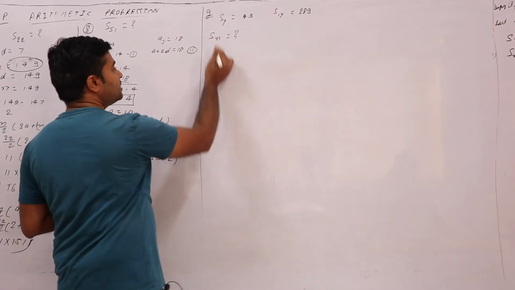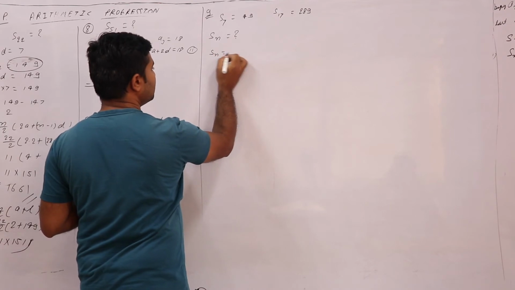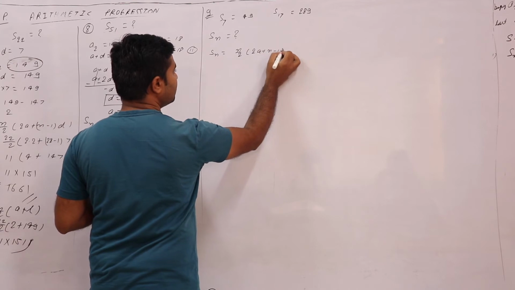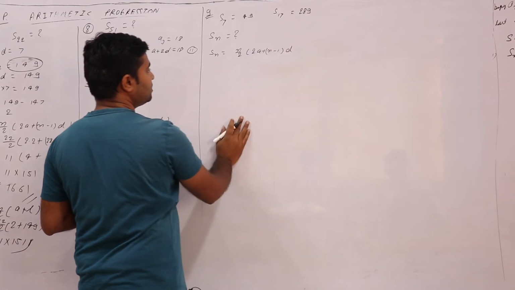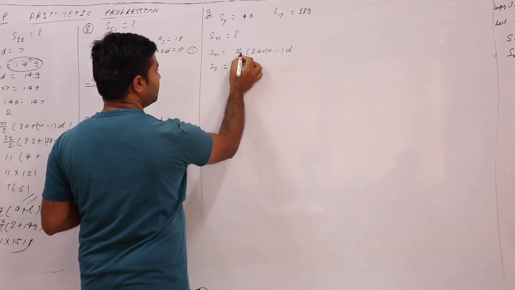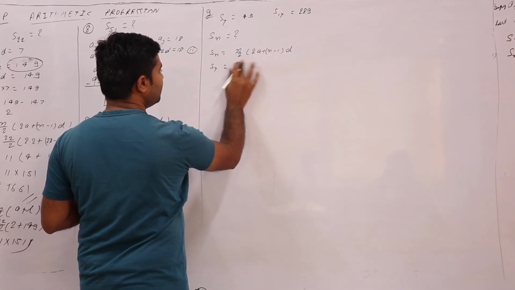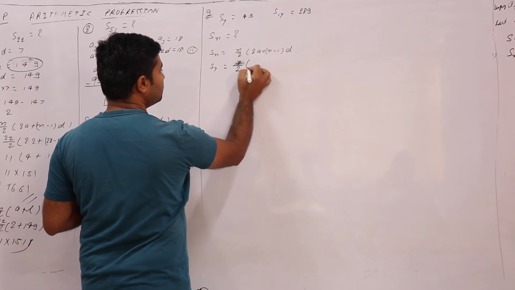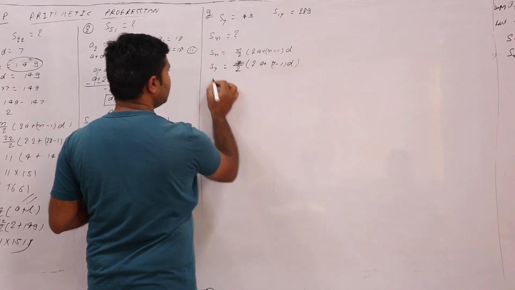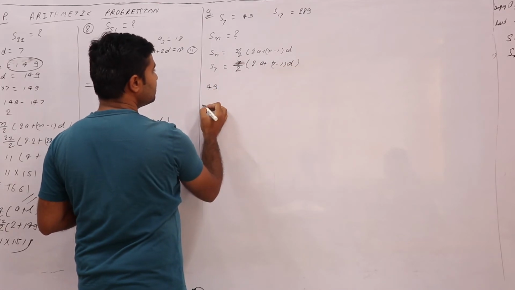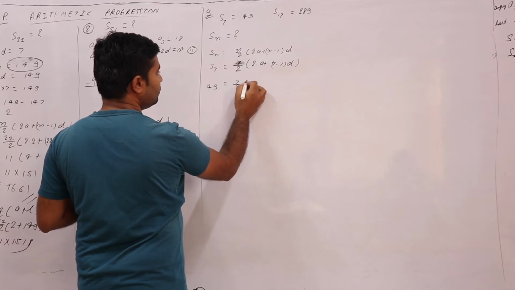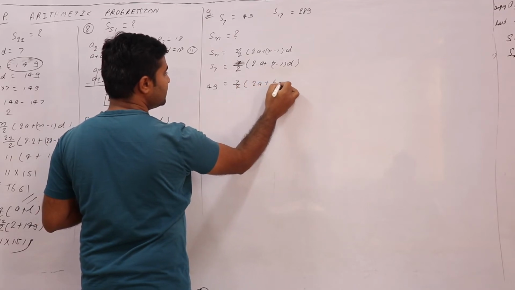So S7 we can write using the formula Sn equals n by 2 into 2a plus n minus 1 into d. S7 means 7 by 2 into 2a plus 7 minus 1 into d, and this is 49. So 49 equals 7 by 2 into 2a plus 6d.